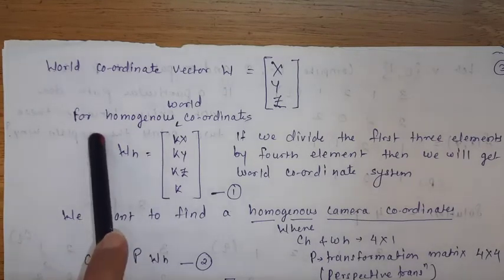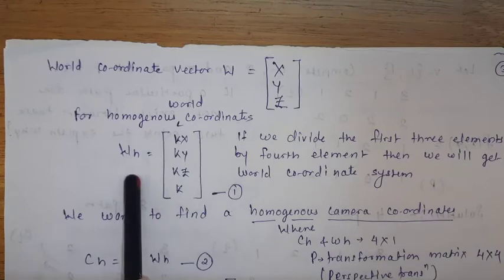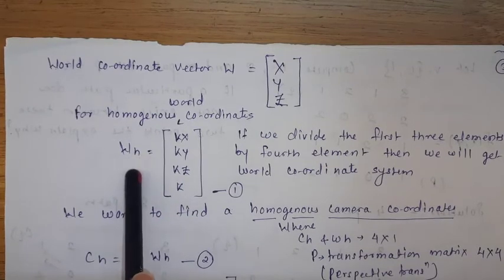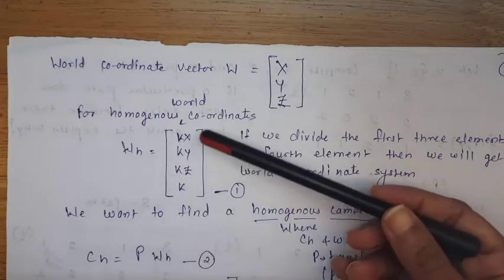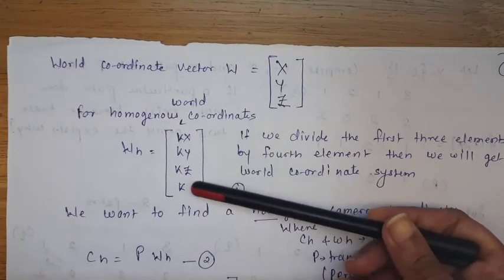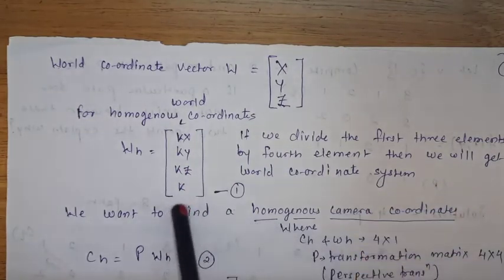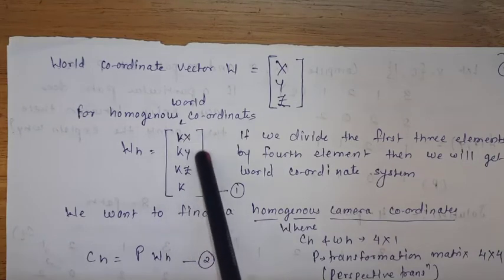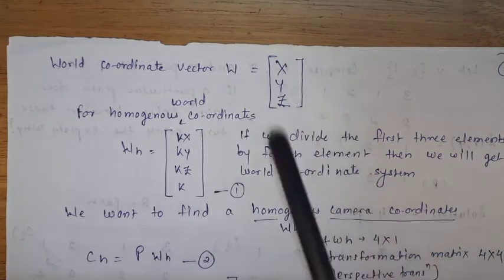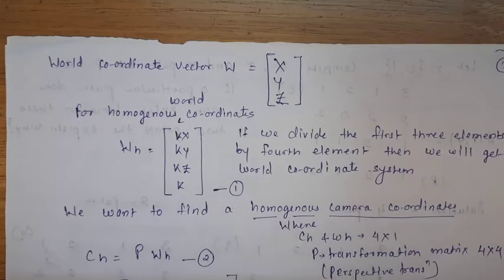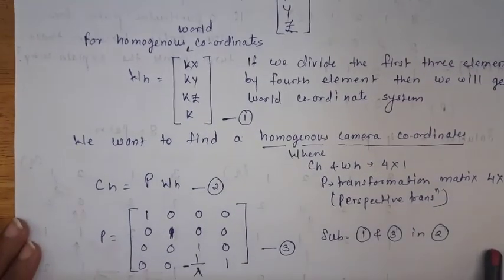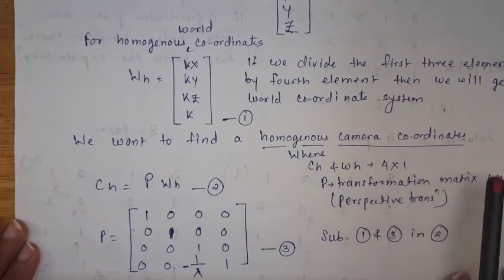For homogeneous world coordinates we represent that by WH, H is for homogeneous. Here K is a constant: kX, kY, kZ and k. If you divide this by k, you will get the original world coordinate vector when k is equal to 1. Now we want to find the homogeneous camera coordinate.